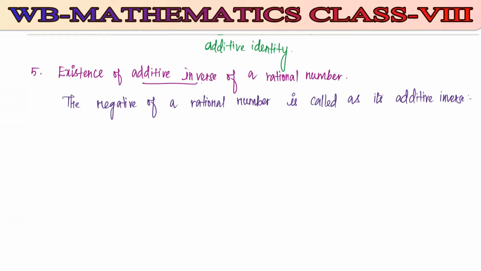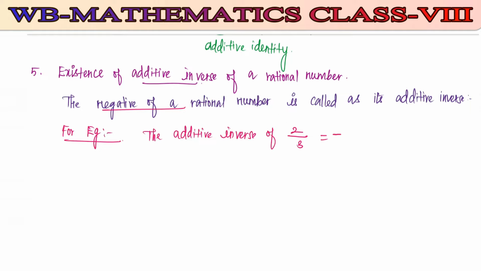For example, here I can take the additive inverse of 2 by 3. We just need to take the negative of the rational number. Just multiply with a minus, so minus 2 by 3.